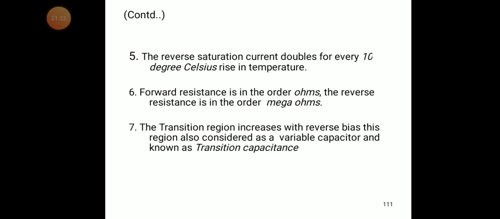The transition region increases with reverse bias. This region is also considered as a variable capacitor and is known as the transition capacitance. The meaning is, in the reverse bias, whenever the bias increases, the transition region increases.